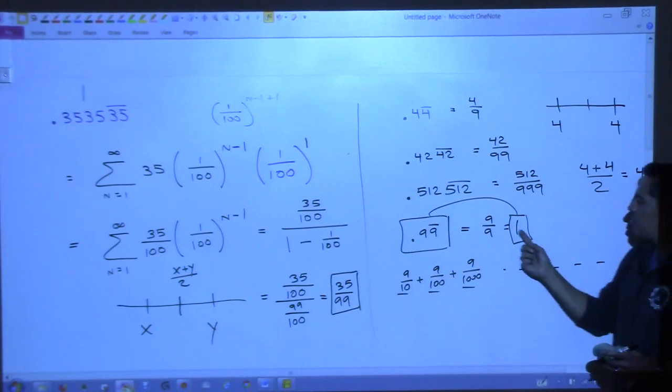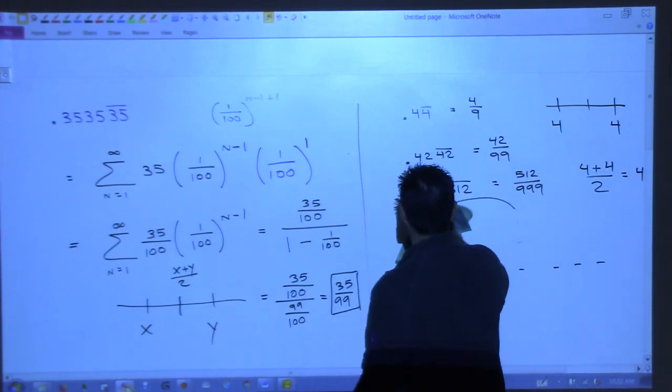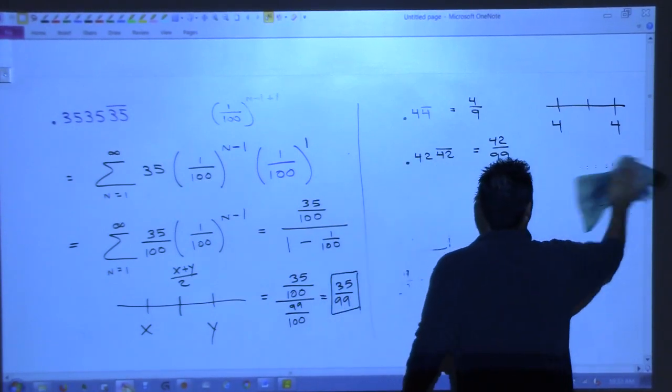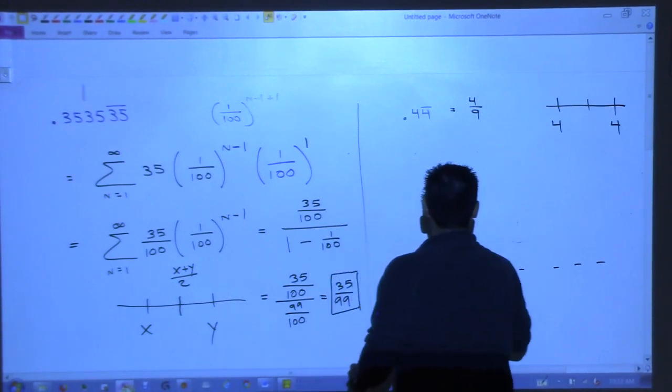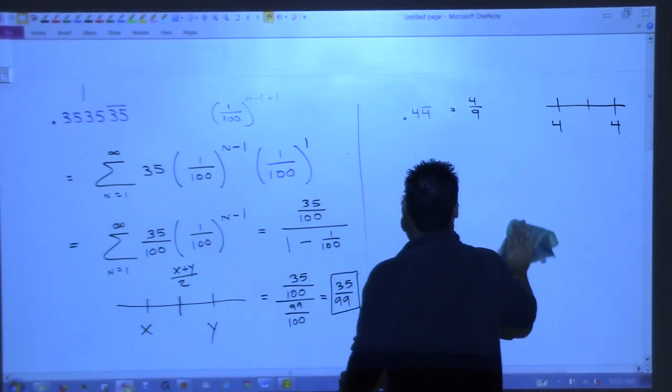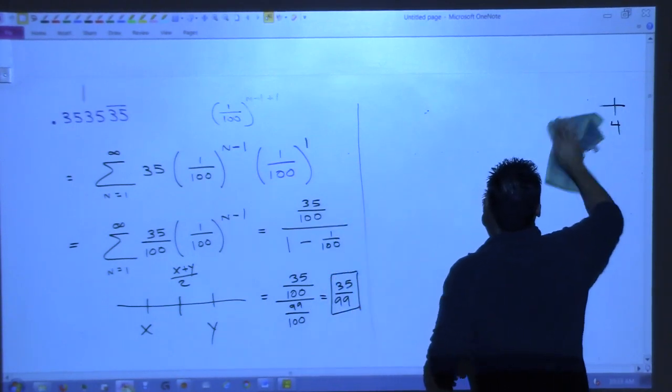So if you take these two, add them, and average them, you're going to get 1 again, which means they're the same number. Okay. You don't believe it? It's all right. Now, there is something much more difficult than what I just gave you. Something like this.